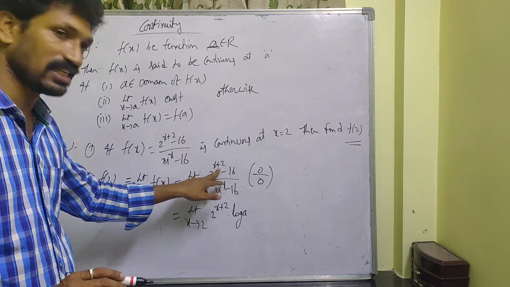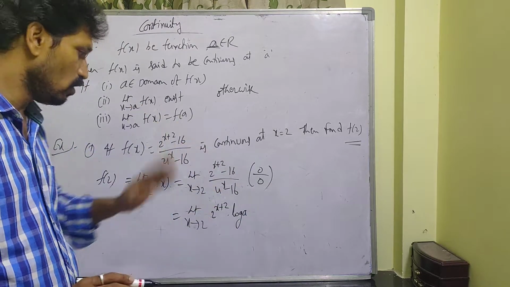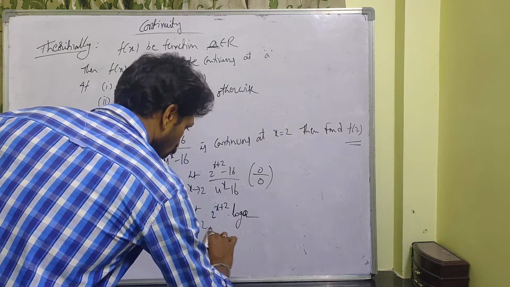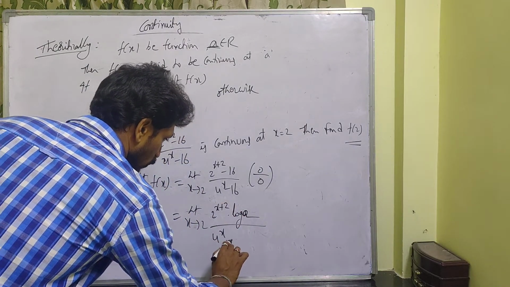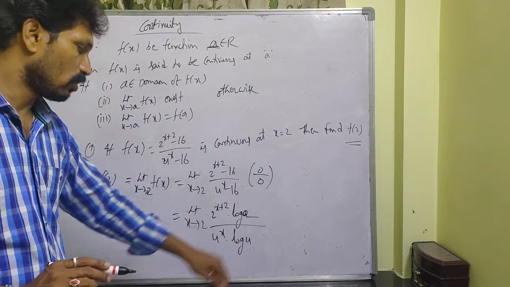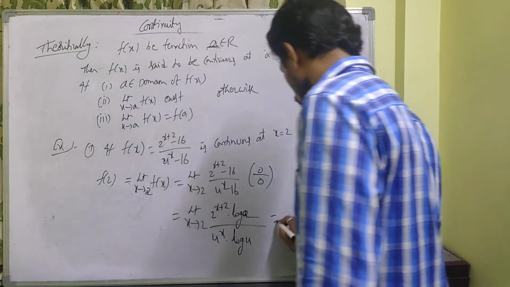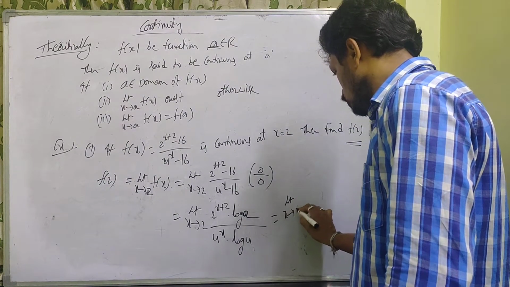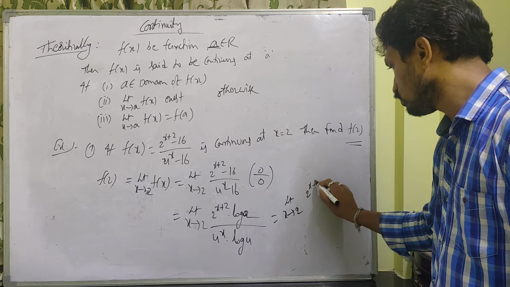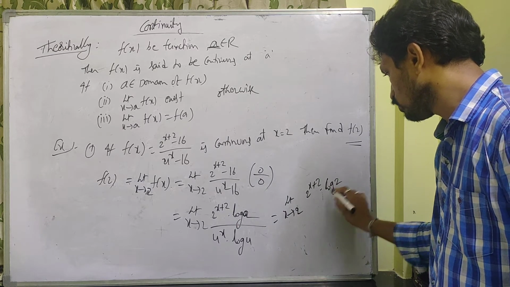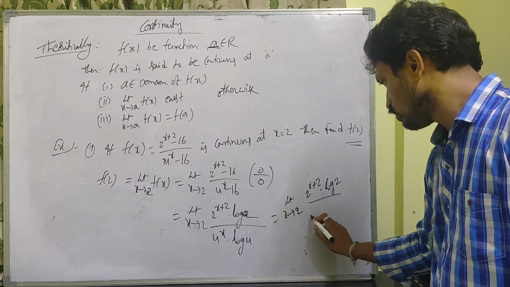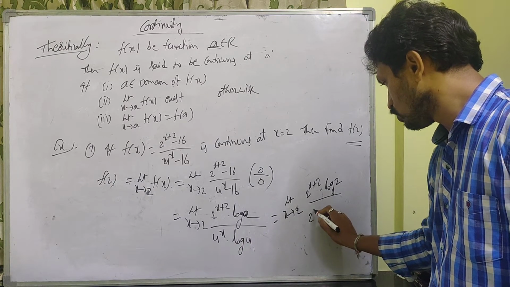Actually, in the place of x, x plus 2, differentiation is 1 only. So 2 power x plus 2 into log 2, and here 4 power x means 4 power x into log 4. So log 4, write 2 log 2. So this is equal to limit x tends to 2 power x plus 2 into log 2 by 4 power x, also we can write 2 power 2x.